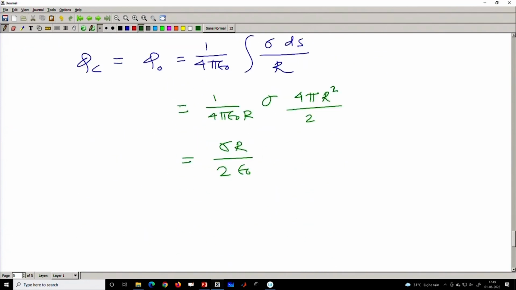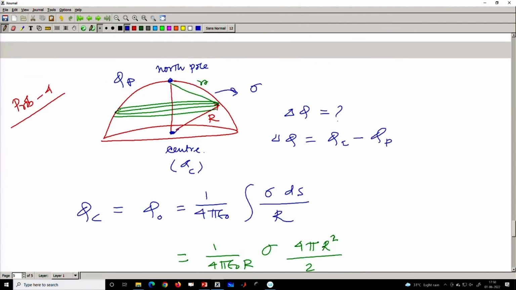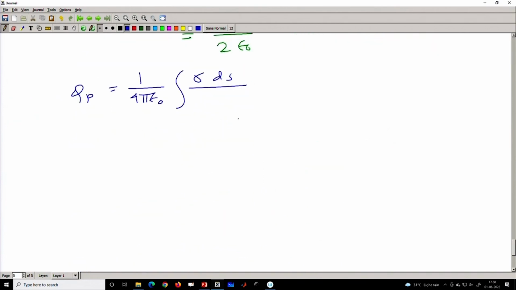That is the trick we have here, so we need to take care of that issue. So, the phi pole should be 1 divided by 4 pi epsilon naught, and then the charge over the small surface area, which is defined by this ring here, divided by r, right.